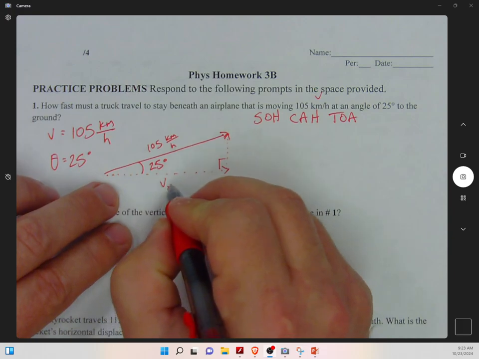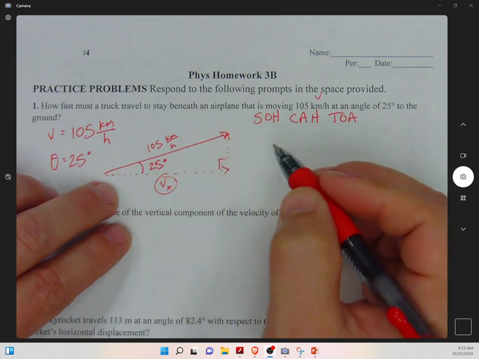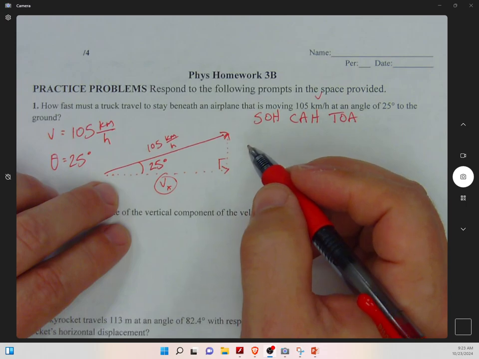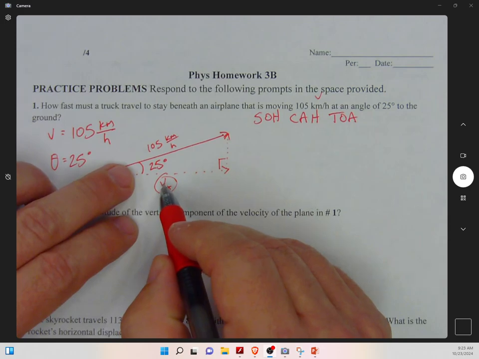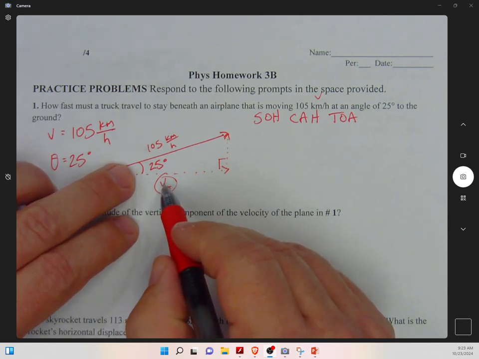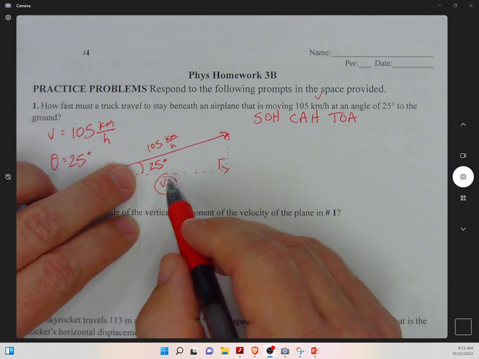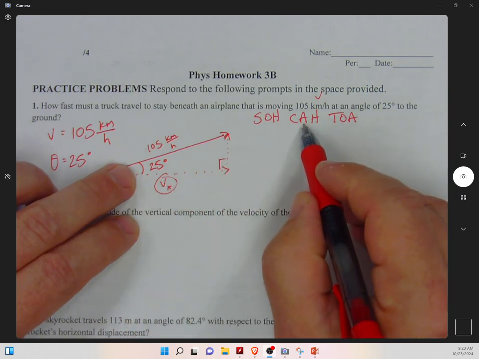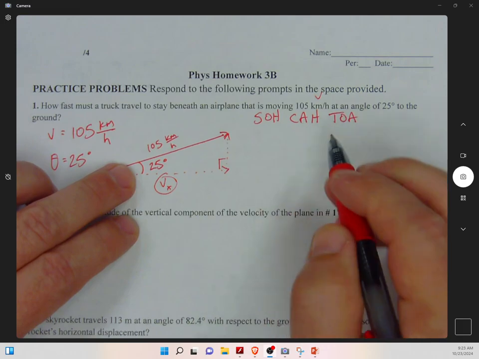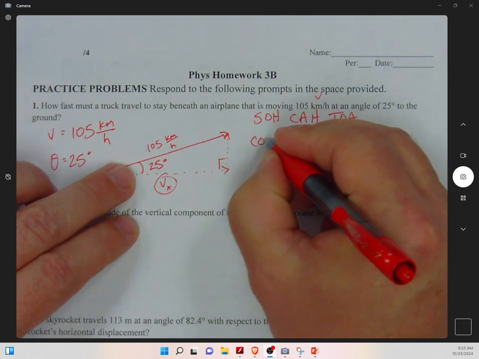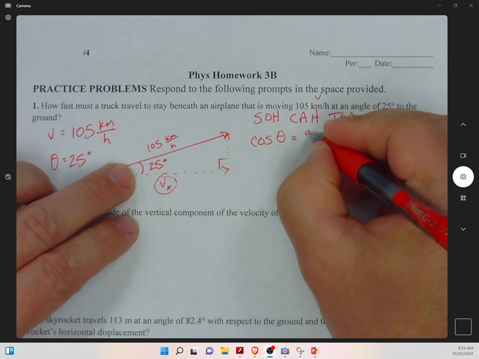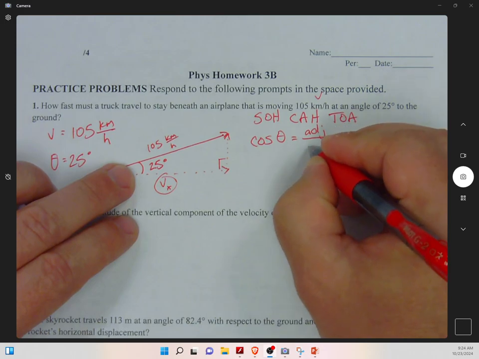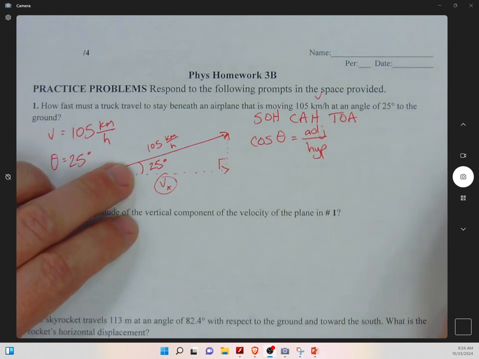I'm supposed to be solving for the horizontal component of the velocity. If this is the angle I'm starting at, this is the adjacent side. That tells me I'm going to use cosine, because the cosine of any angle is equal to the adjacent side divided by the hypotenuse.